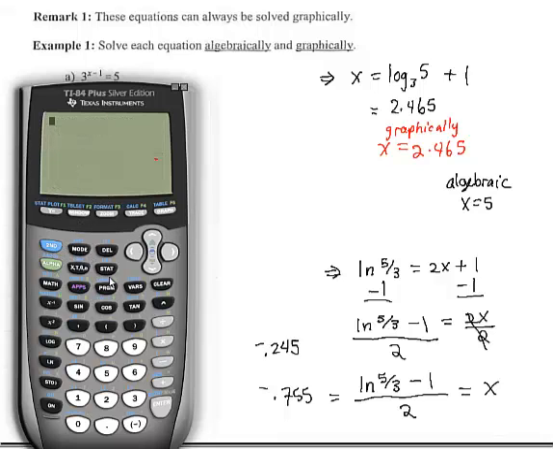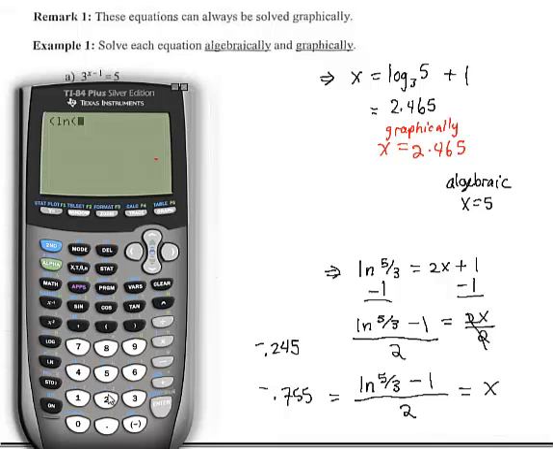So I'll go back to my home screen and I'll retype all this stuff in again. I want the top to be inside parentheses. No, I don't want the exponential, I want the log, so I don't need to hit second.